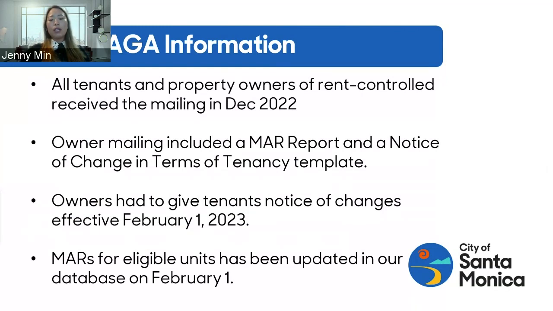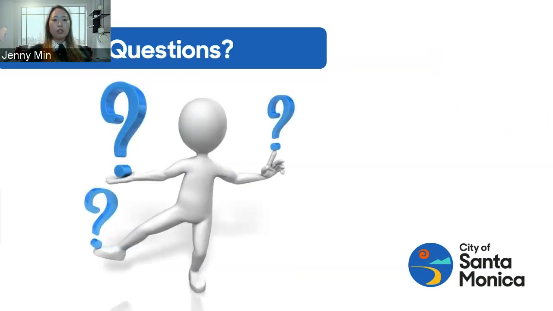And owners had to give tenants a notice of change effective February 1st, 2023. MARs for eligible units have been updated in our database on February 1st. Do you guys have any additional questions?